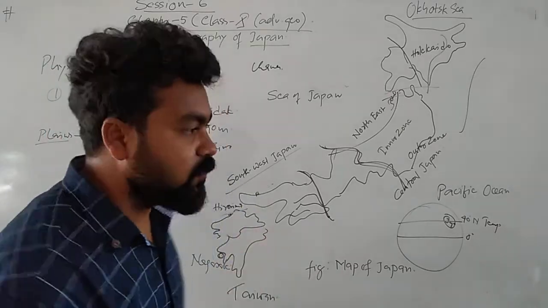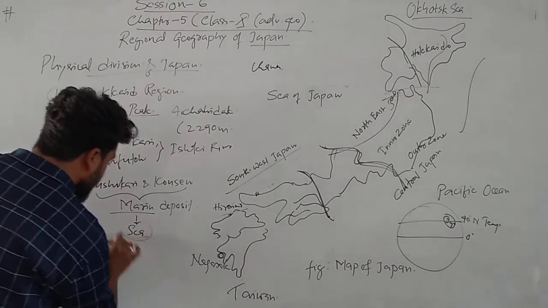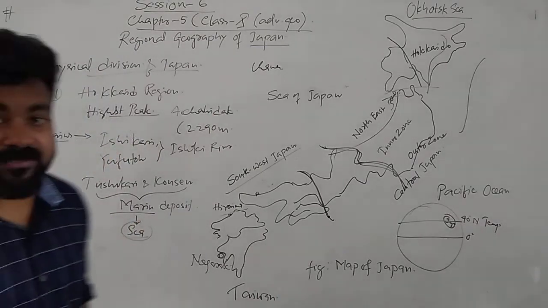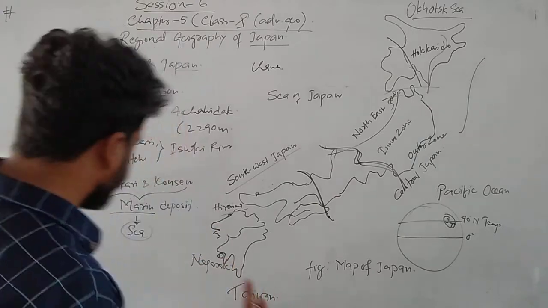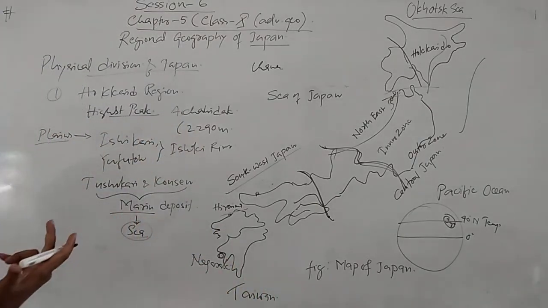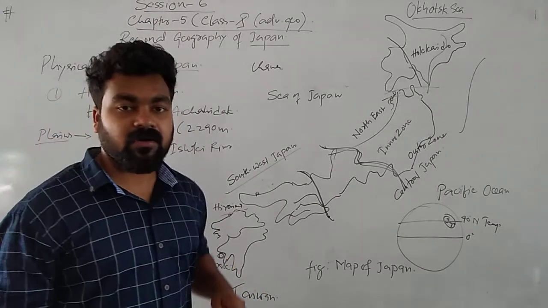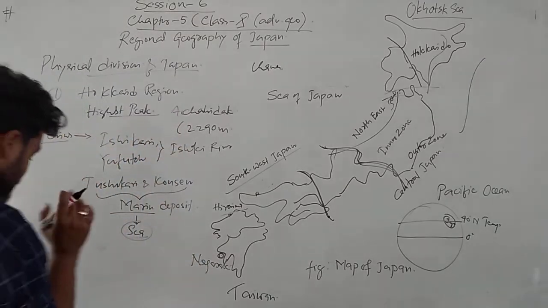That is called a marine deposit. Marine deposit means deposited by the sea. All water bodies relate to the word marine. If the climate is marine climate, it is also related to the sea or water bodies.